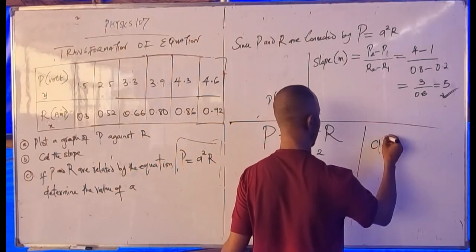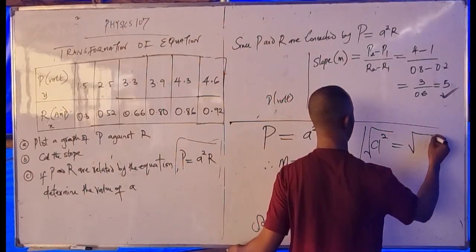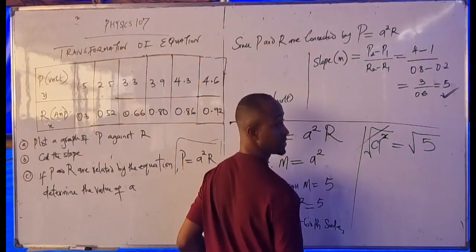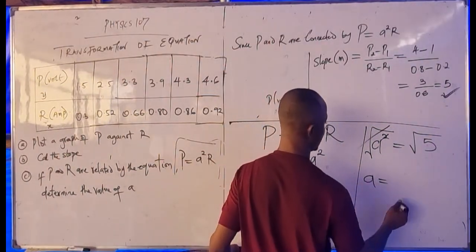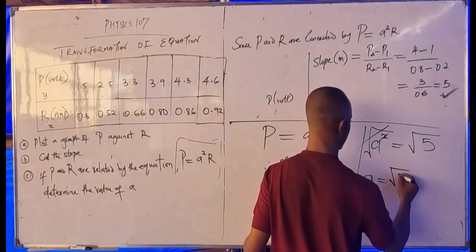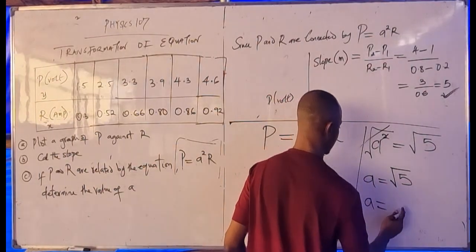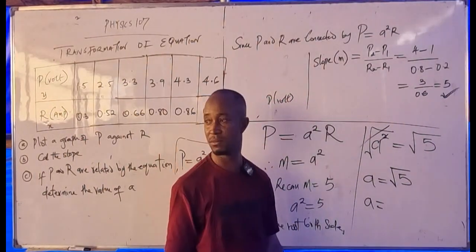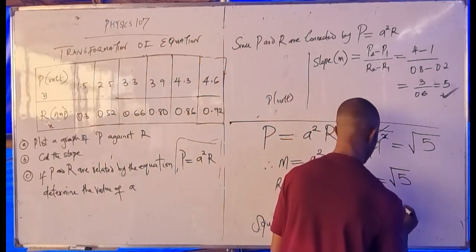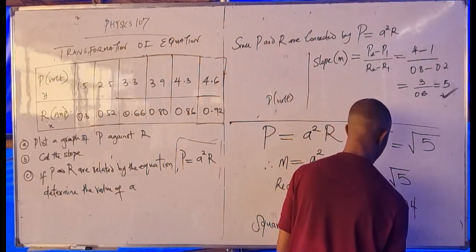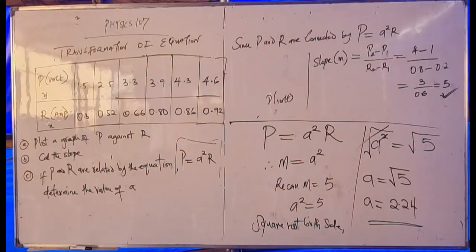That means that A equals the square root of 5. What's the root of 5? Punch it for me. 2.24. Correct.